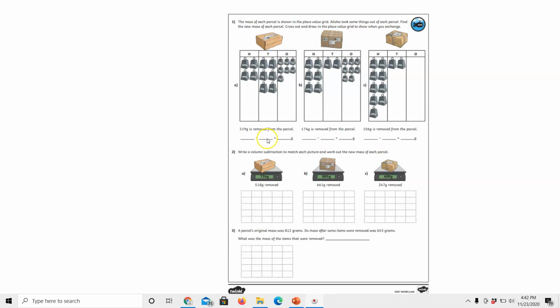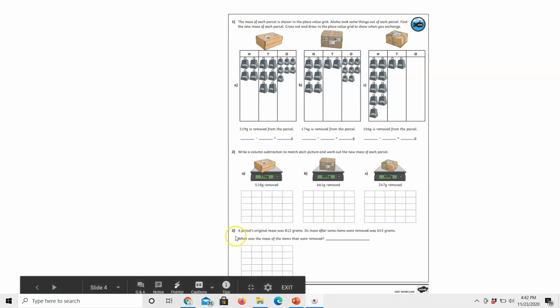So this number goes here, and then the answer goes here, just like I showed you on the picture in the video. And then for here, you're going to stack them, just like the second part of the video. This is the top number, this is the bottom number, all the way over here.